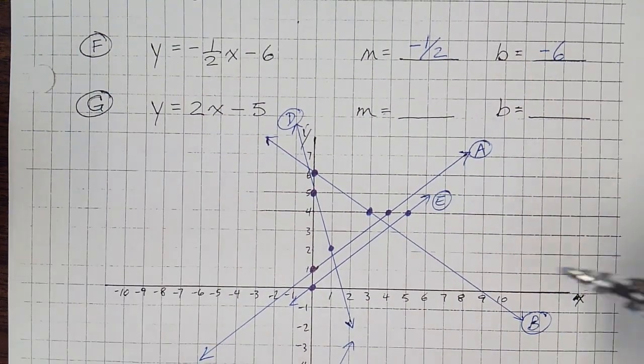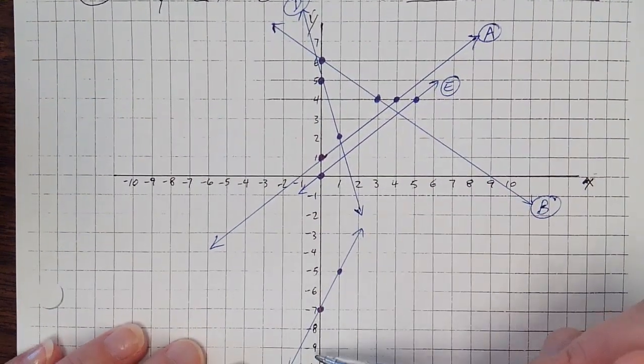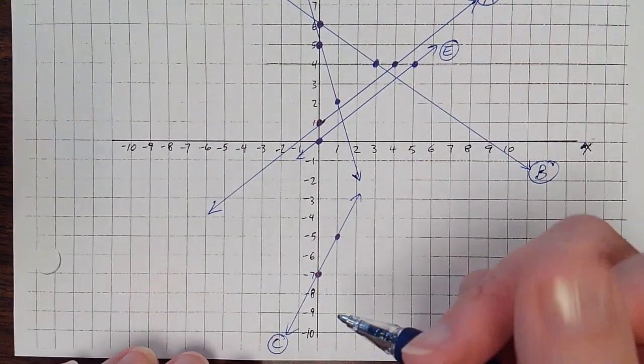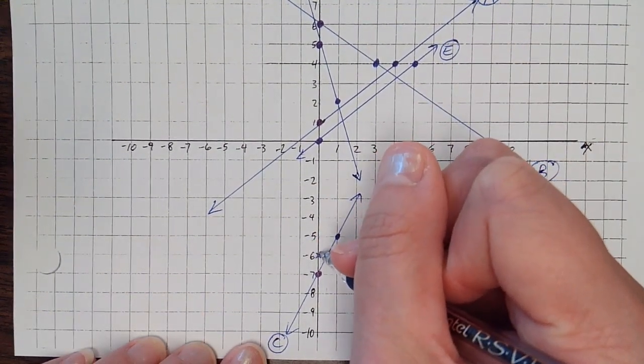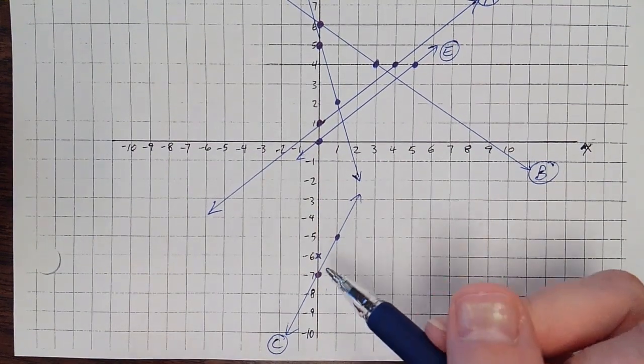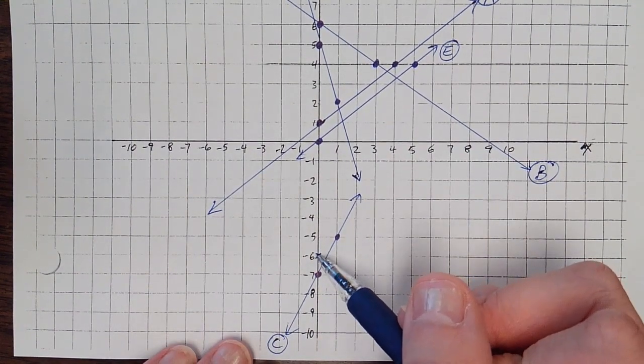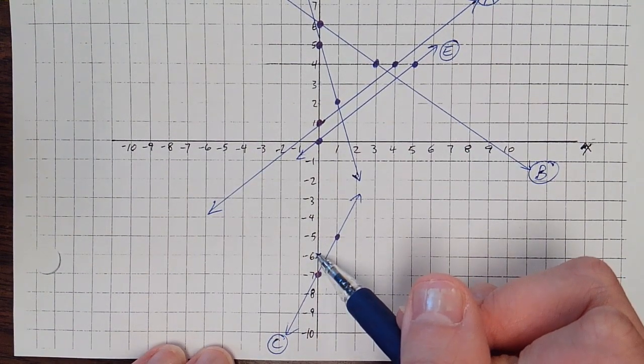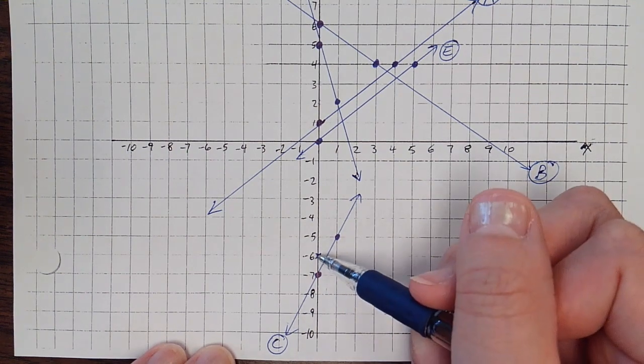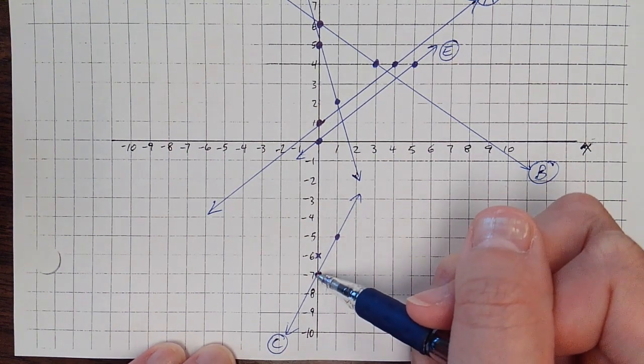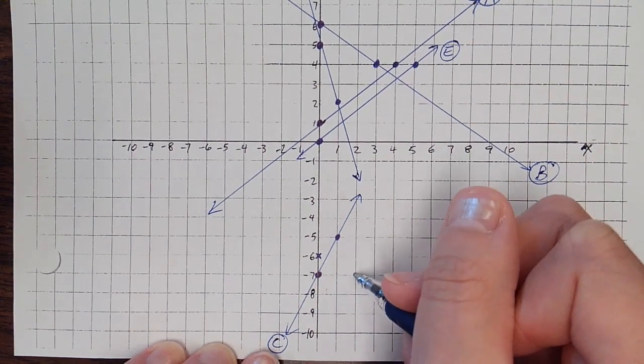Good. So then I look for negative 6 on here. Negative 6 on my y-axis is right here. Right? And then from this point, what am I going to do? George? You're going to go down 1. Yep. Right 2. 1, 2. Perfect.